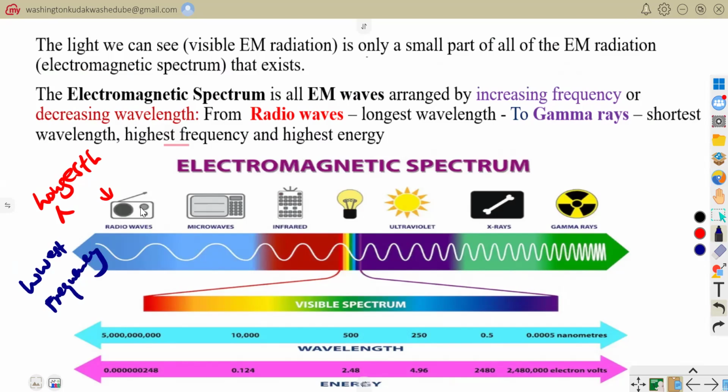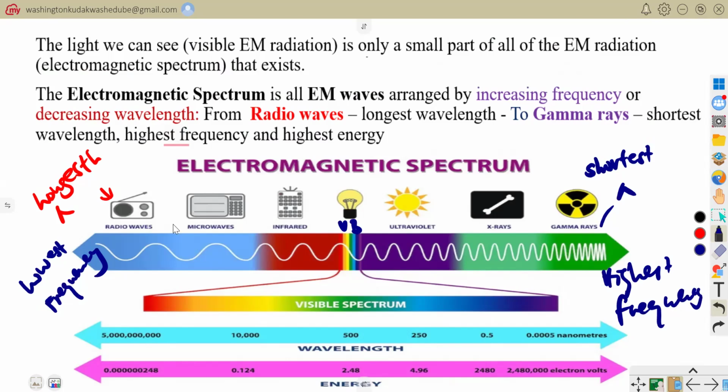And then as we move from radio waves, microwaves, infrared, visible light, and then ultraviolet rays, X-rays, and gamma rays, we are increasing the frequency, whilst the wavelength is becoming short. So here we have the shortest wavelength and the highest frequency.